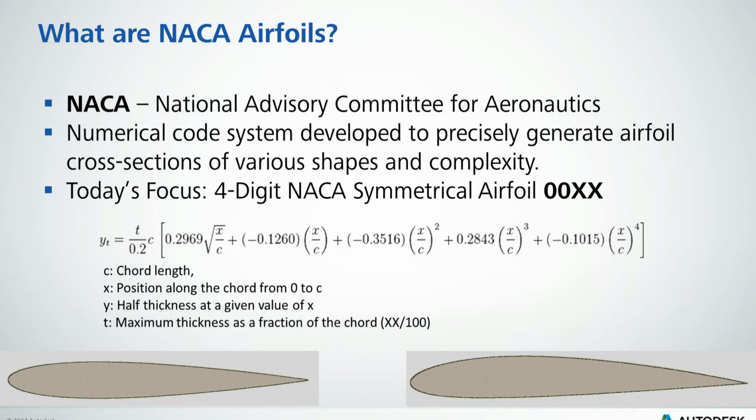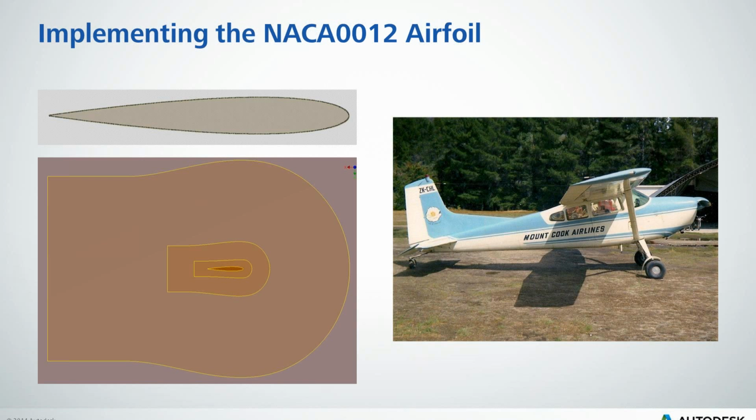The airfoil shapes we'll be focusing on today are the ones that start with 00 in front, which basically means they're symmetric airfoils with a number afterwards. That just defines the half thickness of the airfoil. There are different equations and codes that define different types of airfoils that have camber and so forth, but for this modeling, we're sticking with the NACA0012.